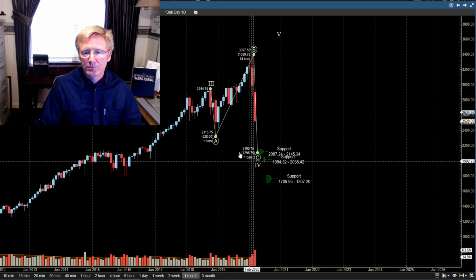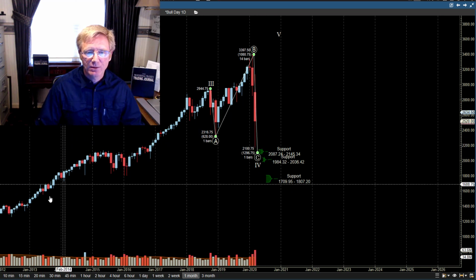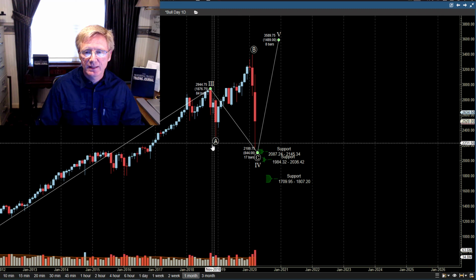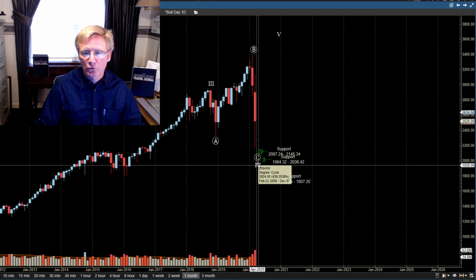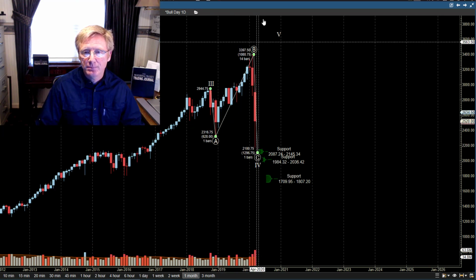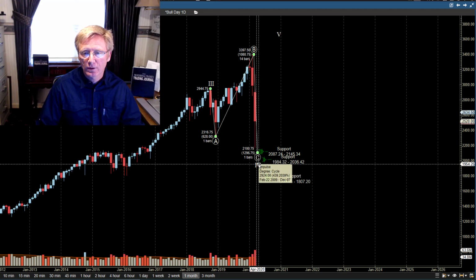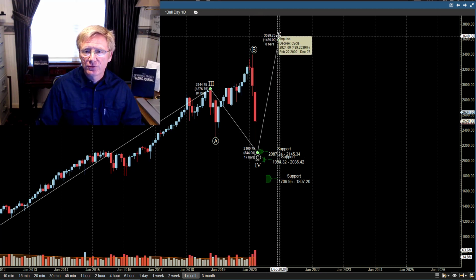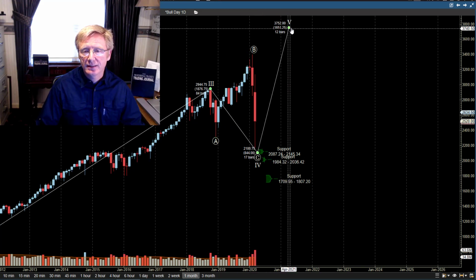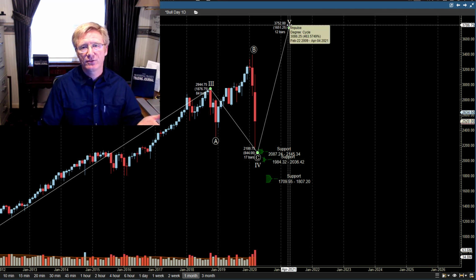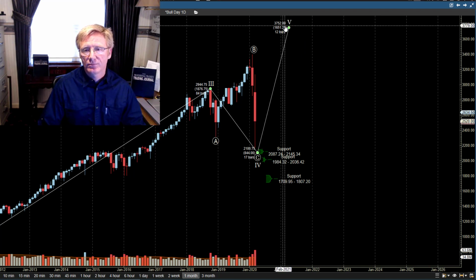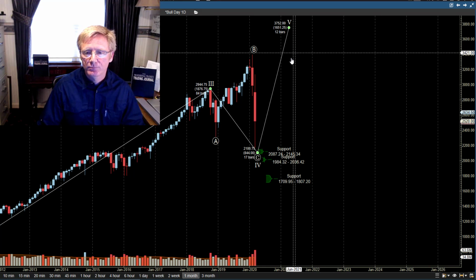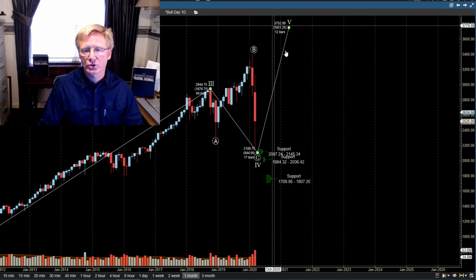So if this is the count, where this is actually 3 and then an ABC flat for 4, then 5 would be up here, and this would be the end of the bull market, temporary end of the bull market. So the 5-wave structure.